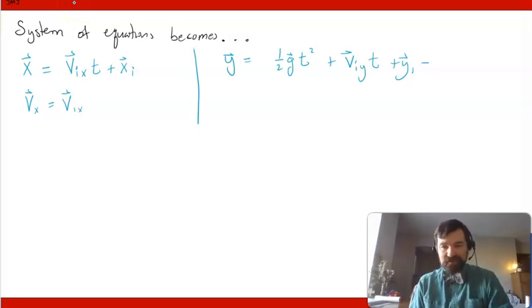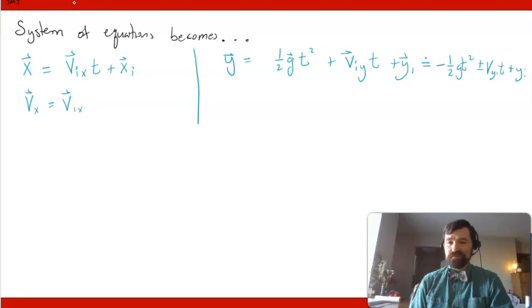But we might represent that as negative 1/2 gt squared because that part is downward. And then your initial velocity in y may be a positive or a negative, and your initial y is typically, though not always, positive. So this would be the scalar versions of these numbers.